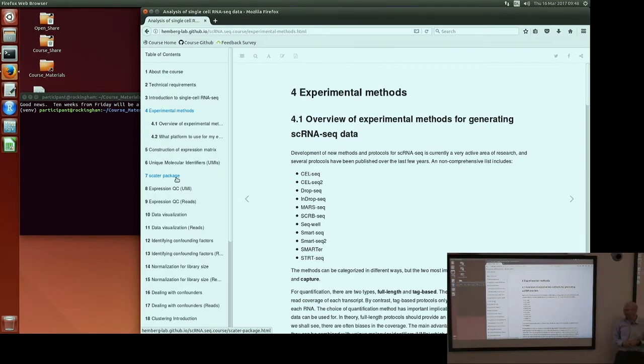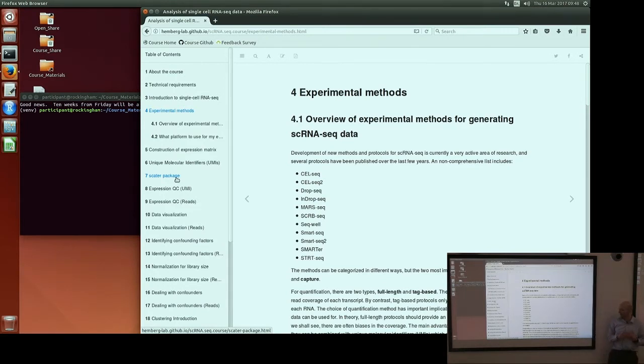The full-length protocols are the ones that try to quantify the whole RNA, whereas the tag-based protocols only try to get the 5' end or the 3' end of each transcript. So they have certain advantages and disadvantages.